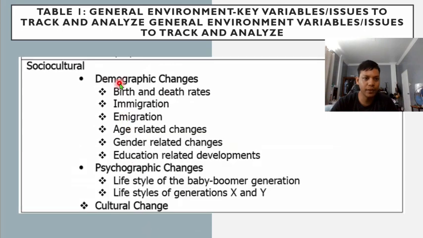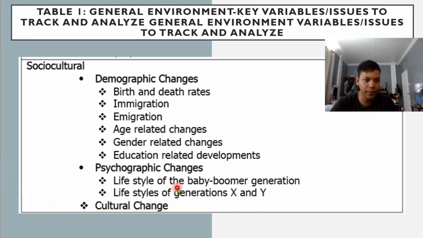Now, under the demographic changes, we have birth and death rates and the immigration. Okay, there are two kinds of immigration here, and we also have age-related changes, gender-related changes, and educational-related developments. Okay, and also we have psychographic changes on the psychological part.